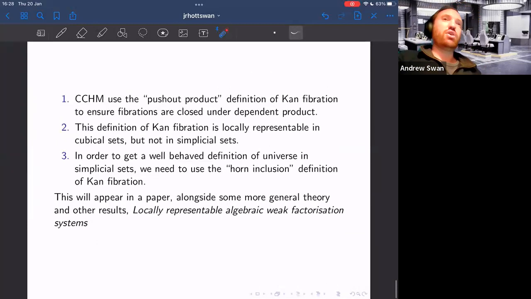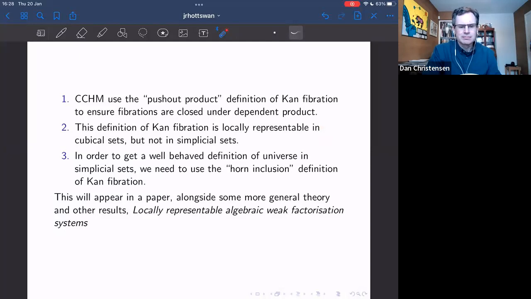In summary, in CCHM, they use a pushout-product definition of Kan fibration because that's how they got the dependent products to work. In order for this to be locally representable, you have to use cubical sets rather than simplicial sets.